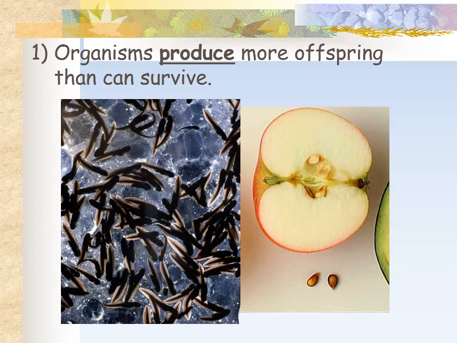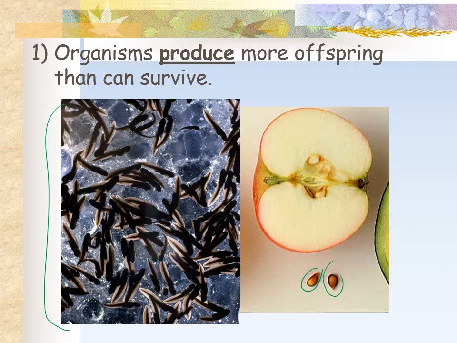So for instance, this is a picture of tadpoles. Is every single one of those tadpoles going to grow into an adult frog? Probably not. Some are going to get eaten by other organisms. Some are going to just not be the best swimmers or whatever to live in their environment. Same with these apple seeds.